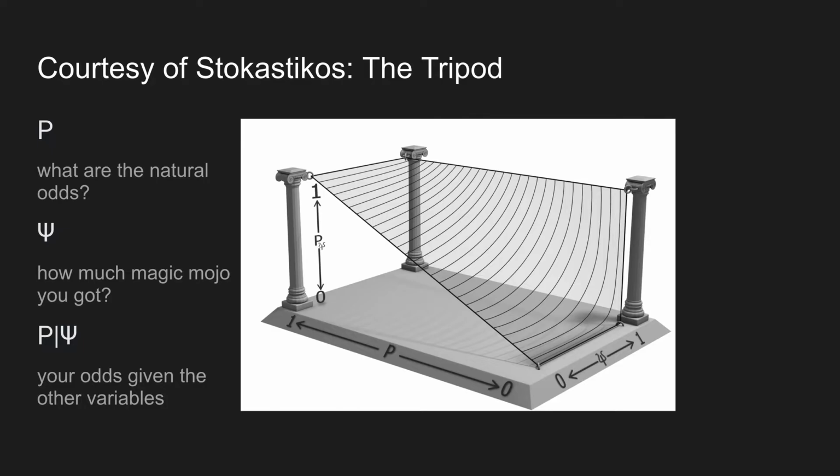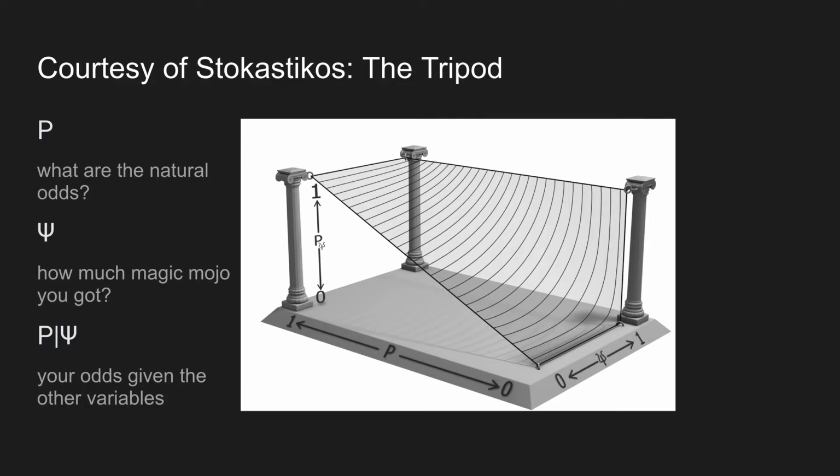Now, we get this cool curvy little landscape that comes down, and that is because our function will give us the p given psi. So you can see here that it's not a linear function. It's not straightforward. You don't necessarily want to use every bit of possible magic for any given instance.